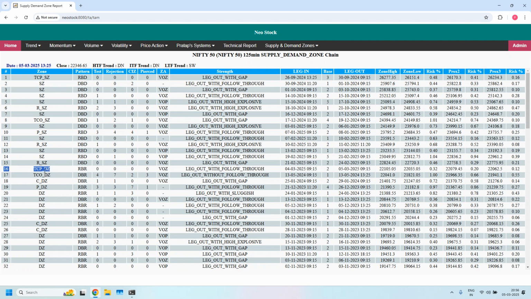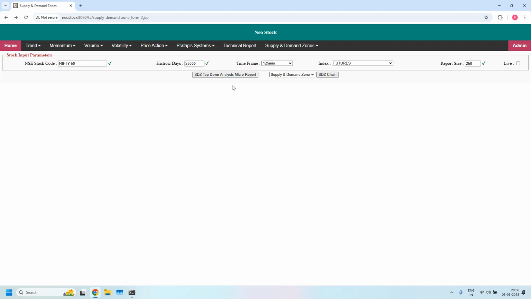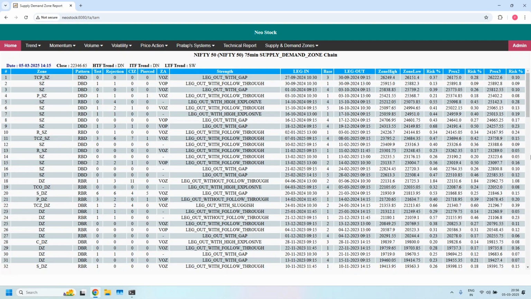This is the nearest demand zone to the current closing price. Next, 75 minutes supply demand zone chain for Nifty. This is the nearest demand zone to the current closing price.